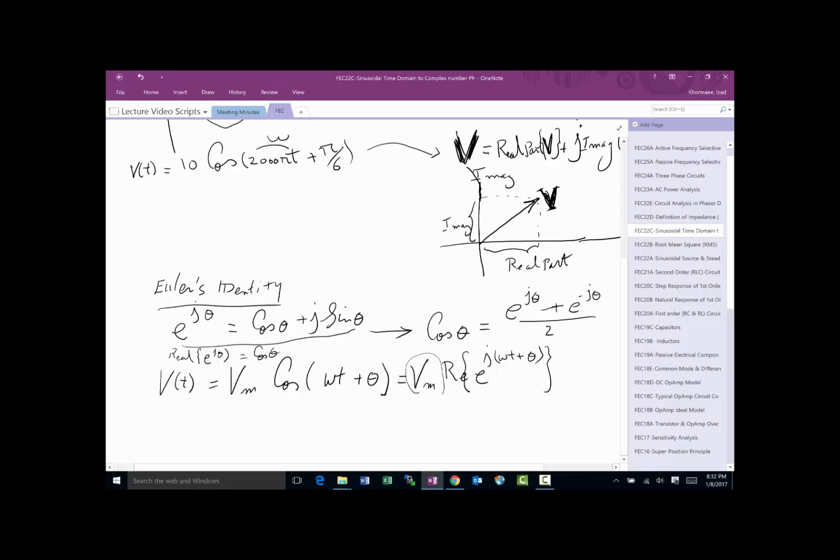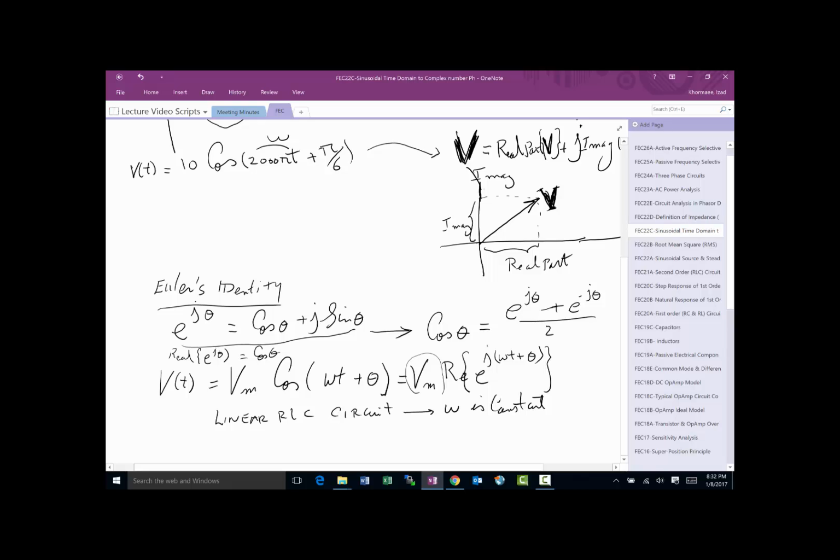Since all the circuits we work with are linear RLC circuits, the omega is constant. In other words, there is going to be one omega.